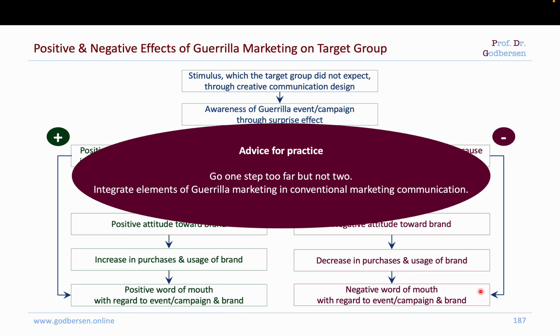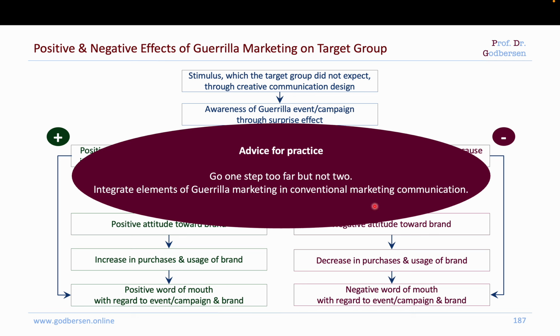And therefore, the advice for practice is, it's easier said than done, but go one step too far, but not two. And integrate this approach, going one step too far, but not too far, integrate these elements of guerrilla marketing into your conventional marketing communication.